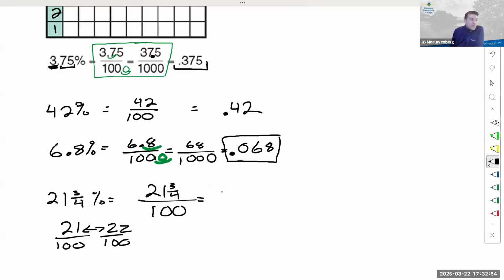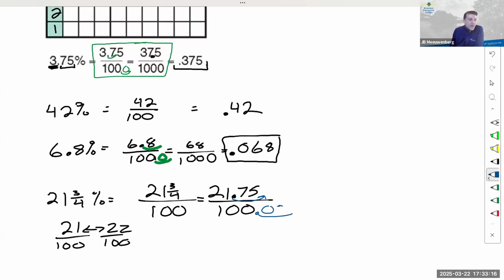So we could change that 3/4 to 0.75, 21.75 out of 100. Again, that is a fraction, but having decimals in fractions doesn't always feel right. So often we try to make them whole numbers. In this case, we'd slide that decimal 2 spots over, and we could do the same thing here.